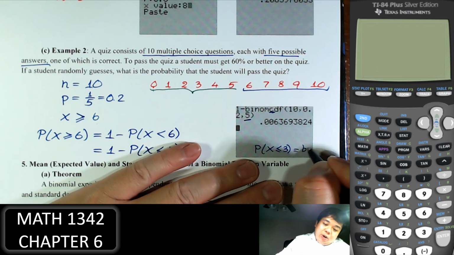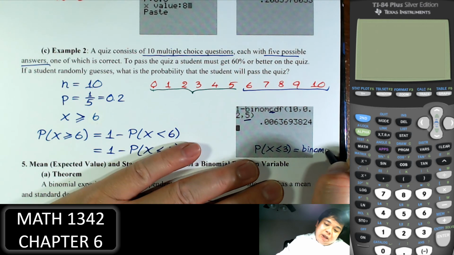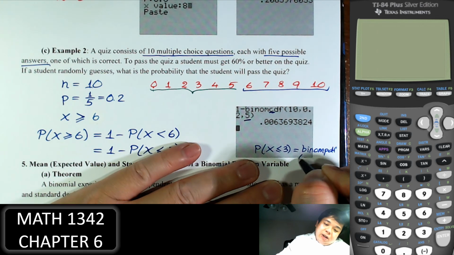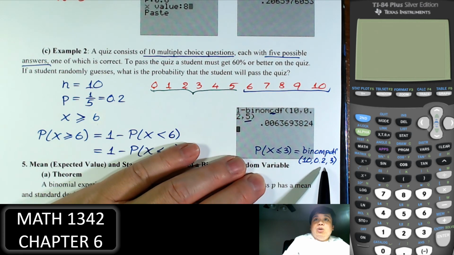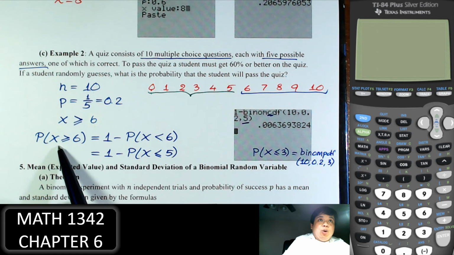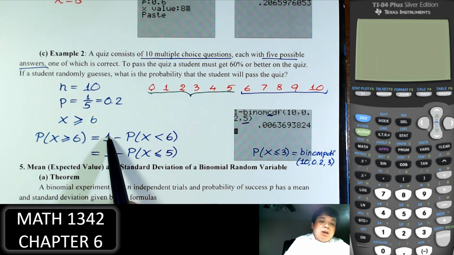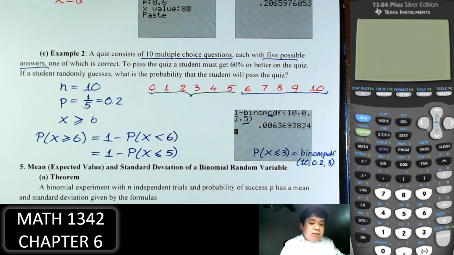We just say binomial CDF of that, and then 3. If it's less than or equal to, we just use the number. If it's greater than or equal to, we have to use the complement and then determine if there's an equal sign or not.